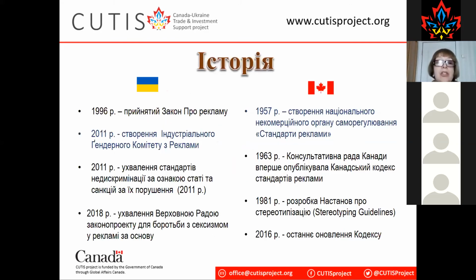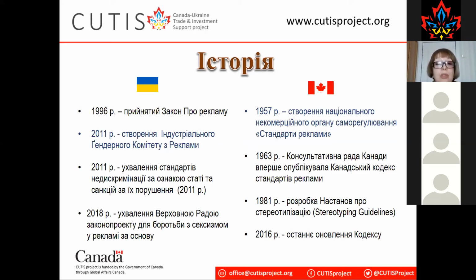Why is there such a big difference between how we present products and how Canadians perceive them? It is because they started gender-sensitive advertising much earlier. We only had our legislation on advertisement in 1996, but in Canada they already had the National Advertising Code in 1957, which regulated advertising standards.